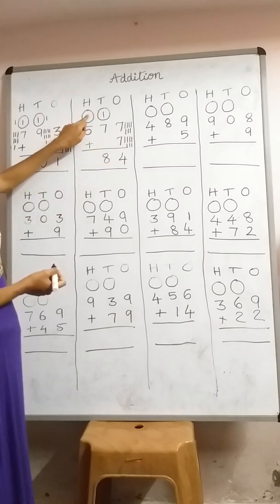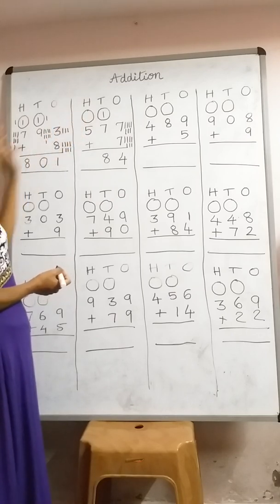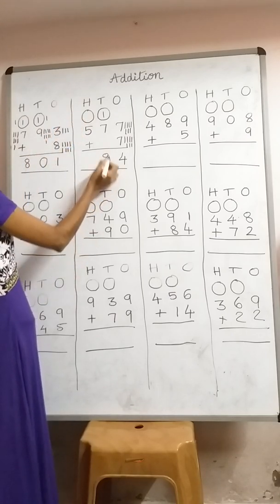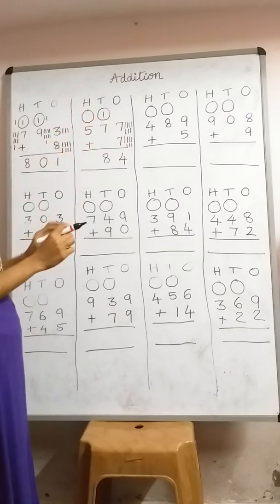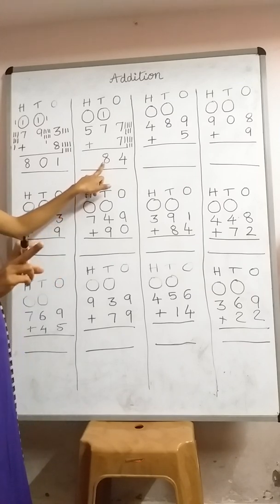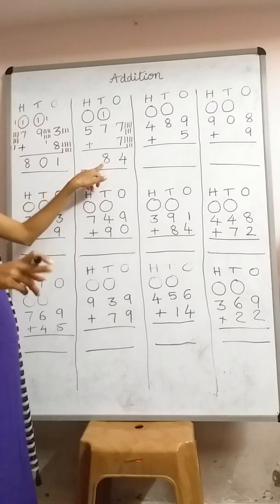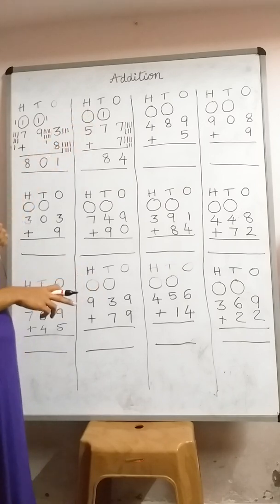Now, here there is a circle given in the hundreds place. If the number was 18, you could have carried a 1. But the number you got in the tens place is only 8, or you can say 08. So there is no number in the circle.